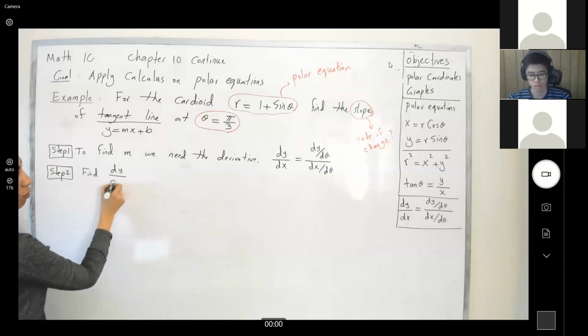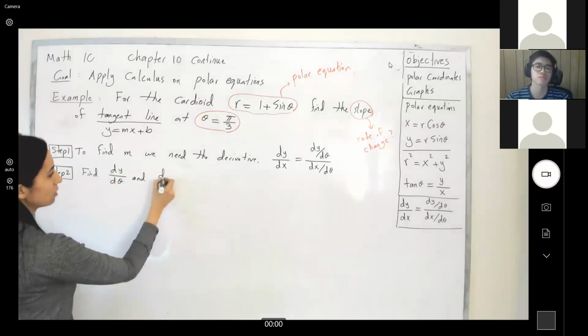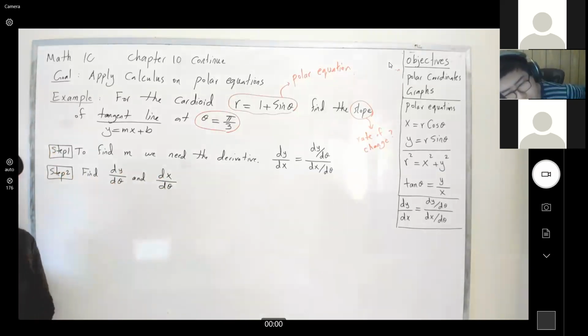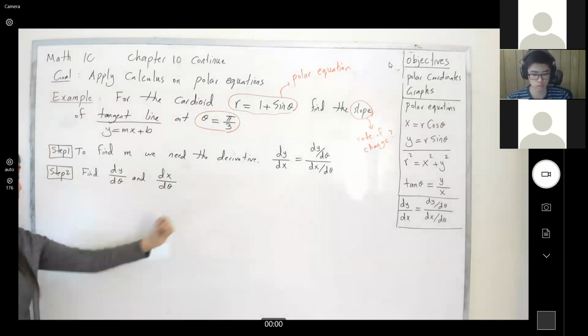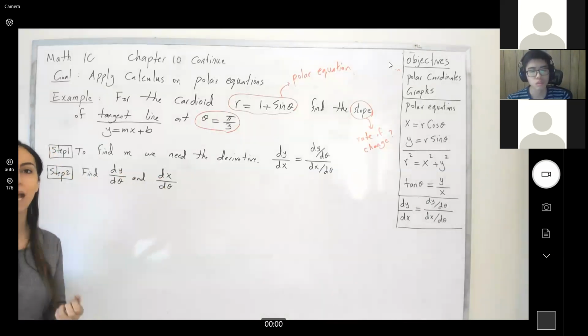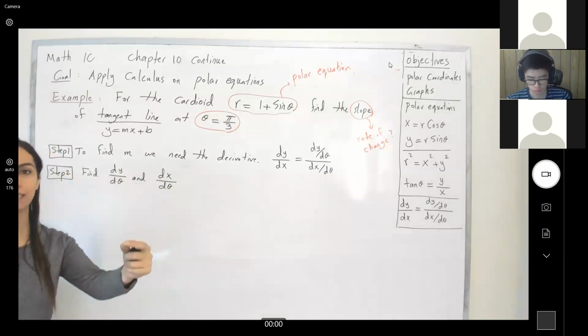Find dy over d theta and dx over d theta. Okay, I'm looking for dy over d theta and dx over d theta. What's the meaning of that? It means that I have to have a relation between x and theta, y and theta.